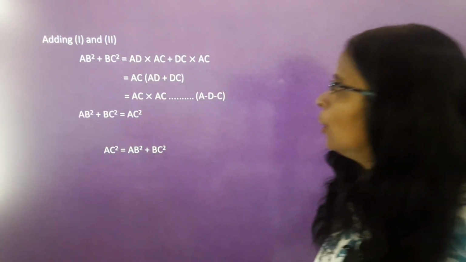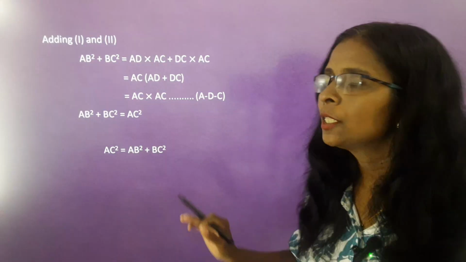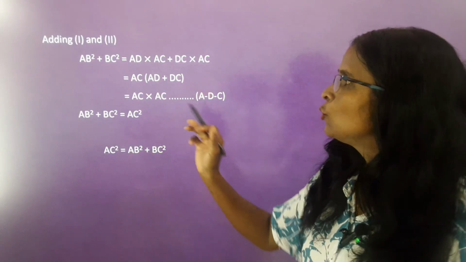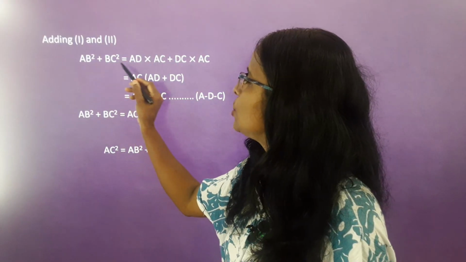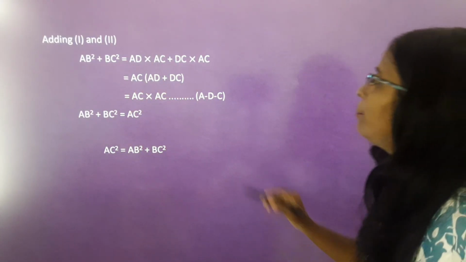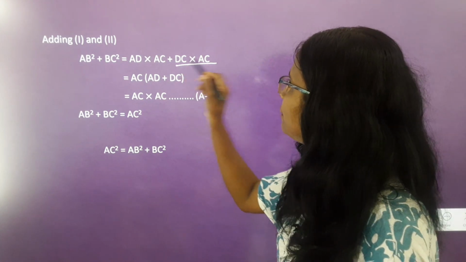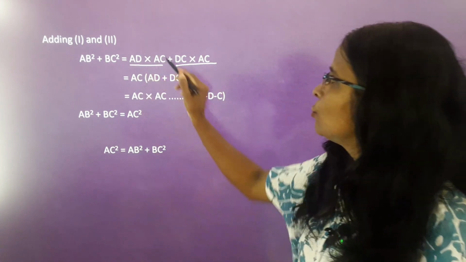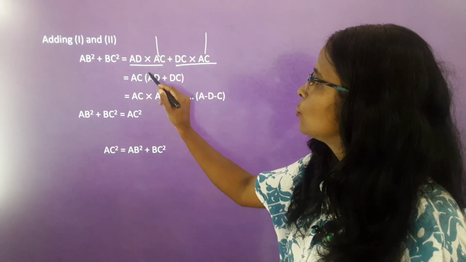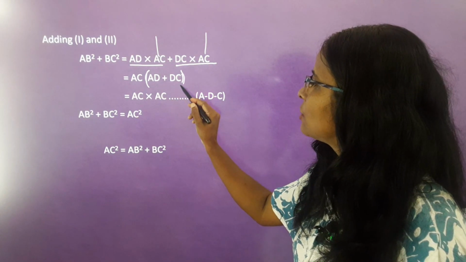Now we add these two equations, left hand side to left hand side, right hand side to right hand side. So AB square plus BC square is equal to AD multiplied by AC plus DC multiplied by AC. Here AC is common, so in the bracket AD plus DC.